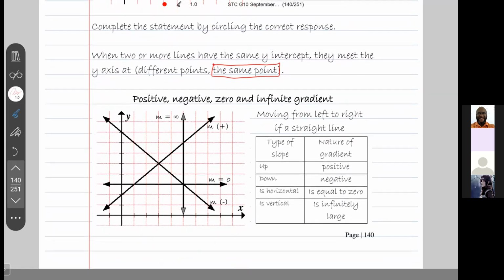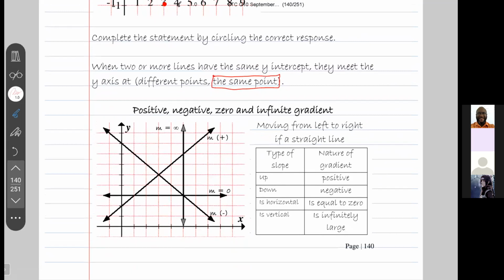Guys, let's talk about positive, negative, and infinite gradient. Looking at the table to the right, above it, it says moving from left to right. If you're moving from left to right and the line slopes up, its gradient is positive.